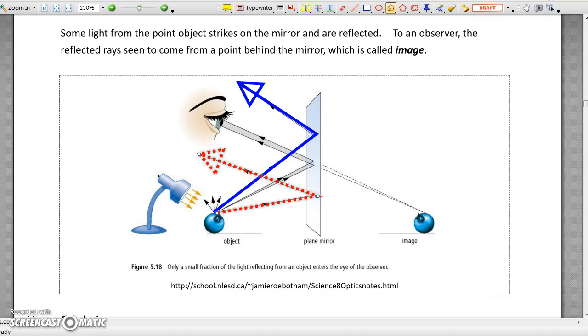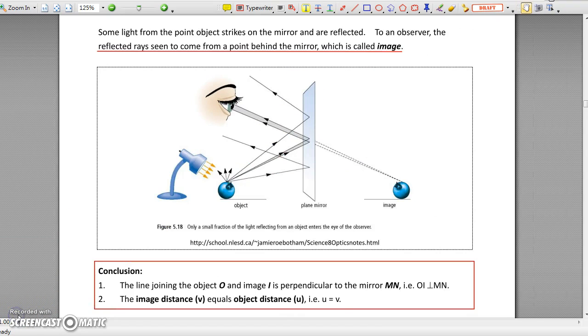And in this way, the reflected light rays will seem to come from a point behind the mirror. And we call that point behind the mirror the image, because the reflected light rays seem to come from this point. There will be two important conclusions from this experiment. 1.